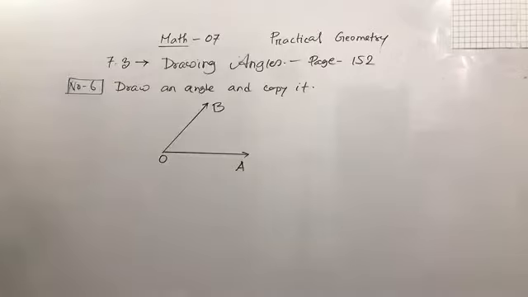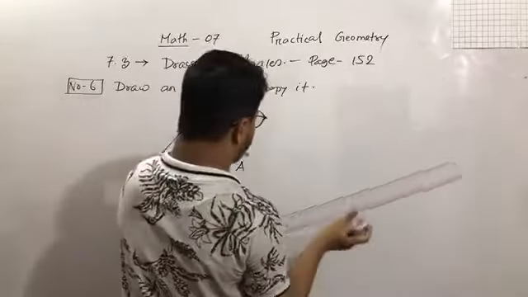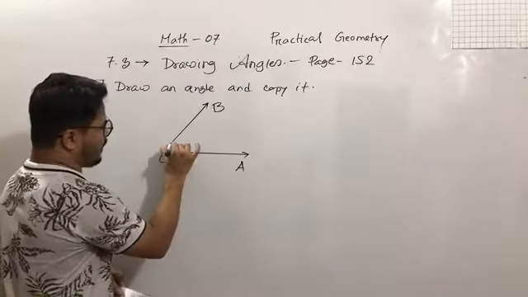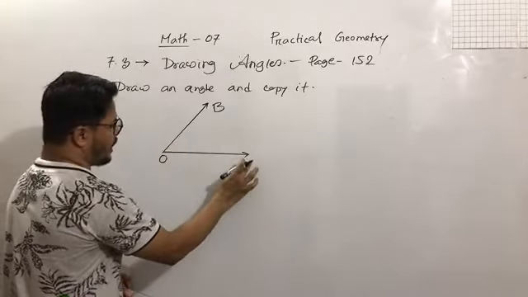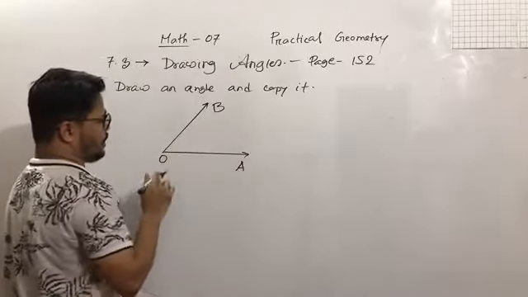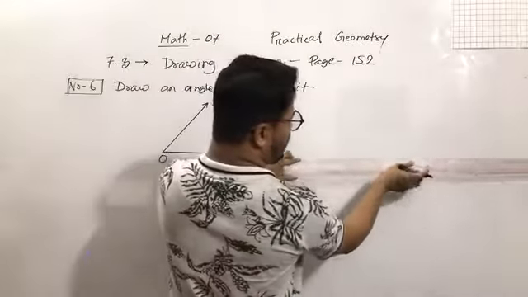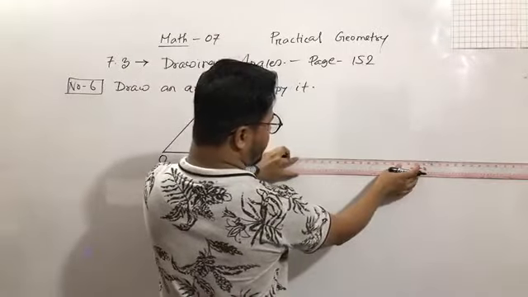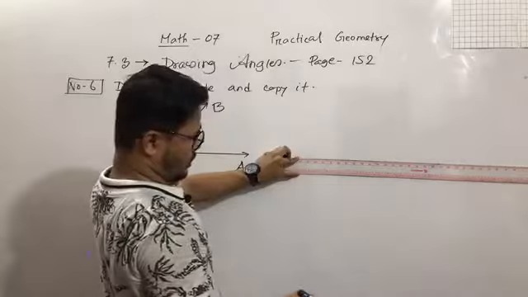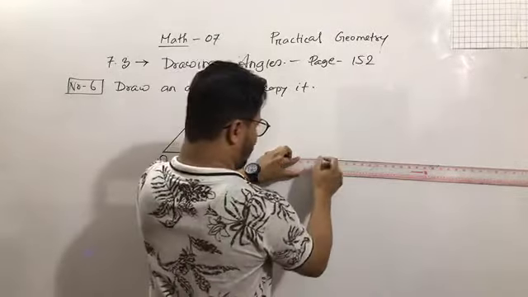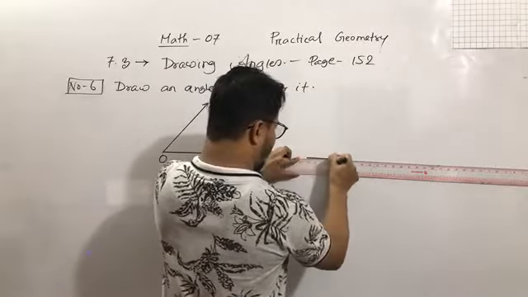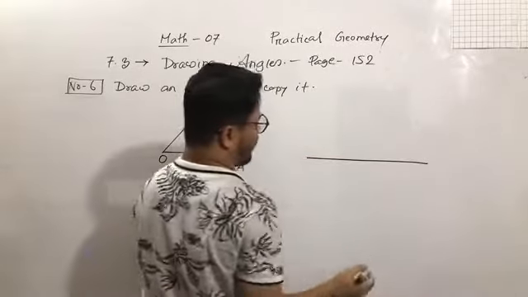Now first step, this is the angle X, or we can mention here AOB angle. So now we will copy this angle exactly by using pencil compass. Okay, draw a ray here.